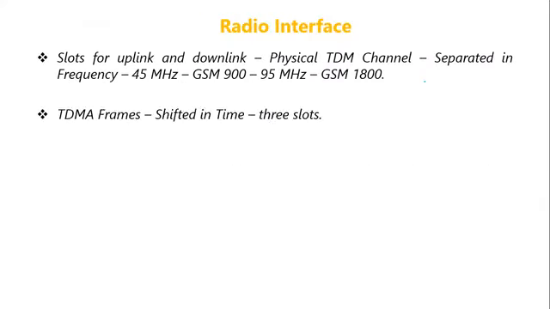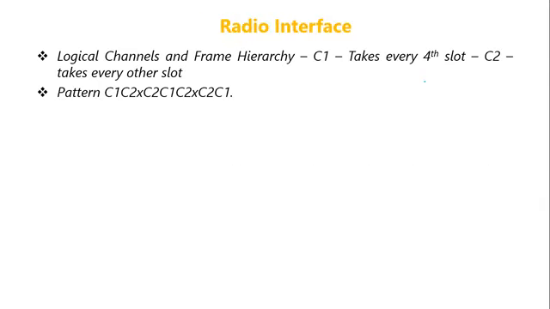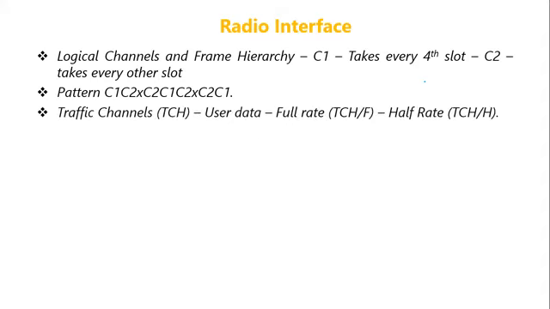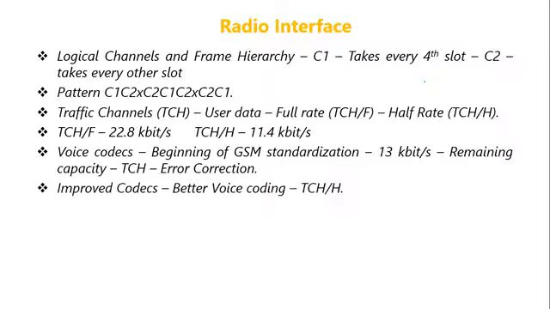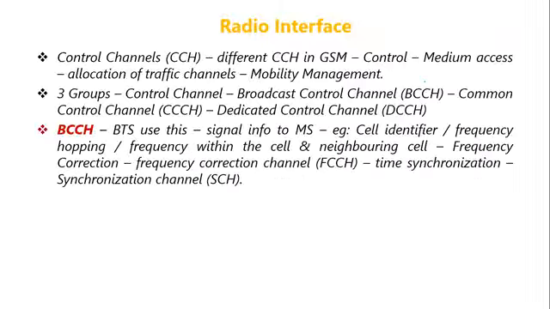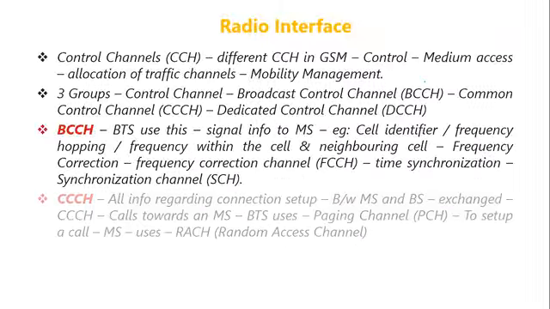Okay, so basically we have discussed radio interface under several headings, right? Radio interface is referred to using the Um interface, and then how it is implemented in GSM 1800, 900 and 1900, that we have discussed.